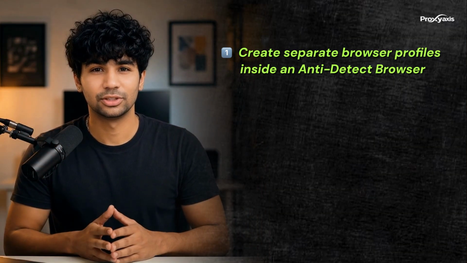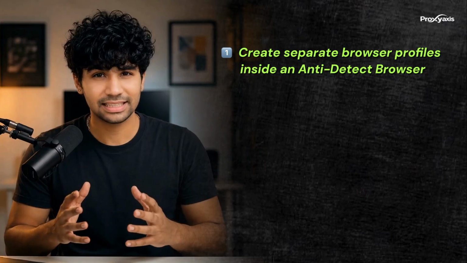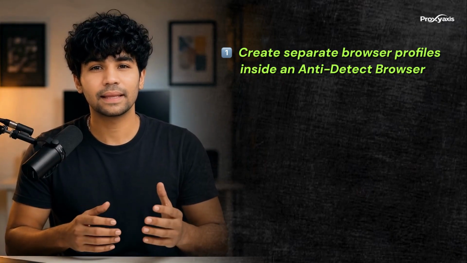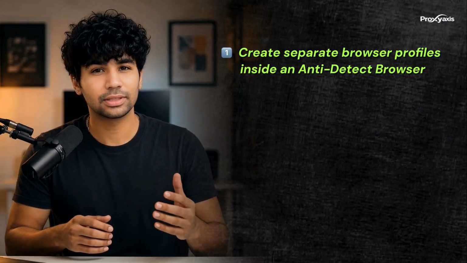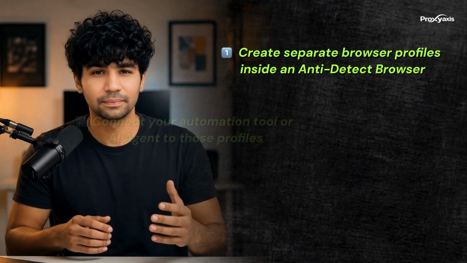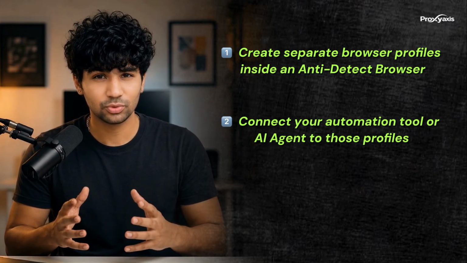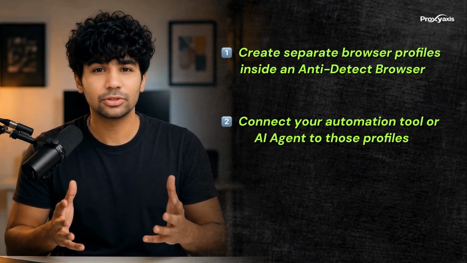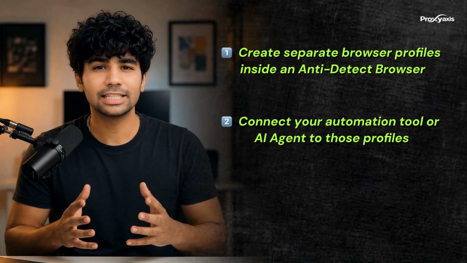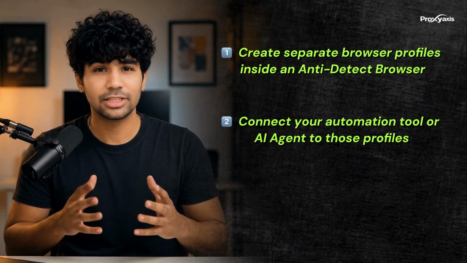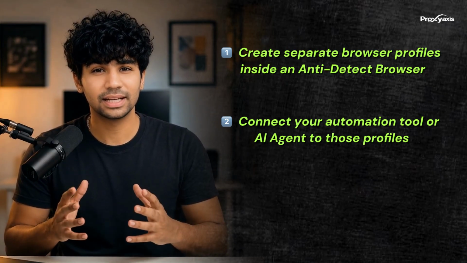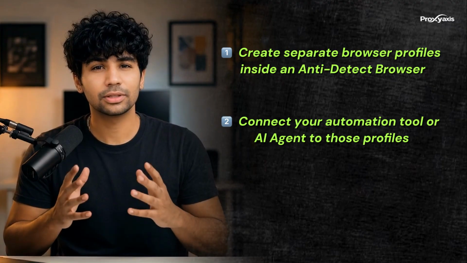How the combination works. At a high level, the process looks like this. First, create separate browser profiles inside an anti-detect browser. Each profile gets its own fingerprint configuration and network setup. Second, connect your automation tool or AI agent to those profiles. Many anti-detect browsers support integrations with frameworks like Playwright and Selenium, making this possible.